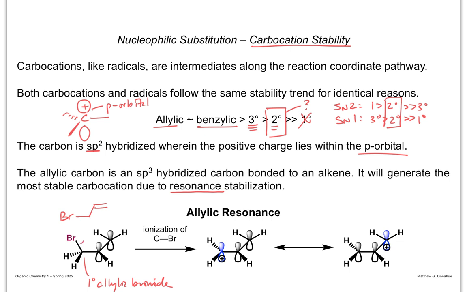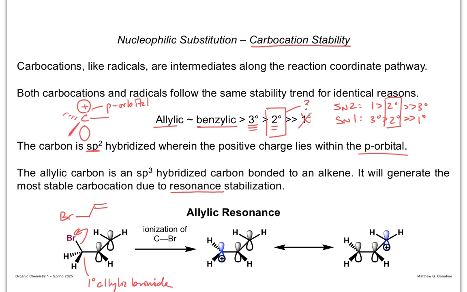When this ionizes, the blue is the p orbital, and then these gray, that's the two p orbitals of that double bond. So in that double bond, remember there's a set of electrons. That carbocation can be stabilized if those electrons hop over, and then that empty orbital migrates to the third atom of that unit.